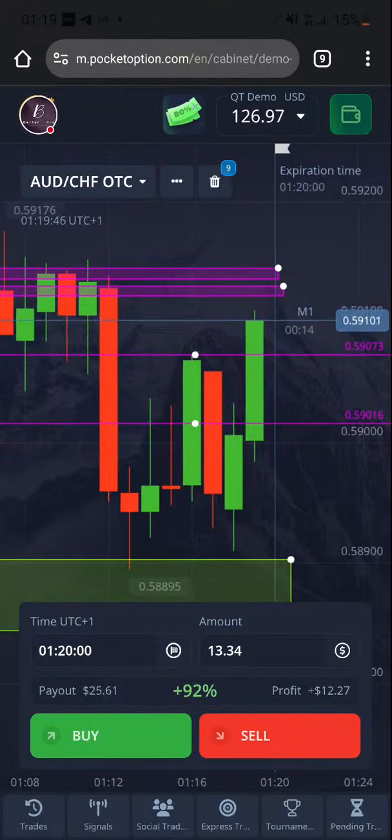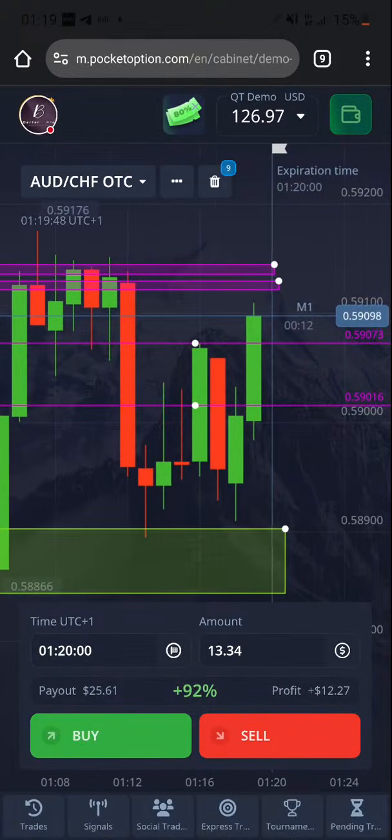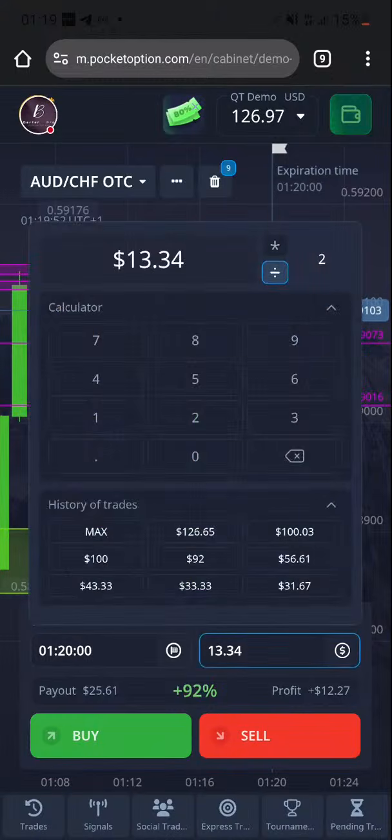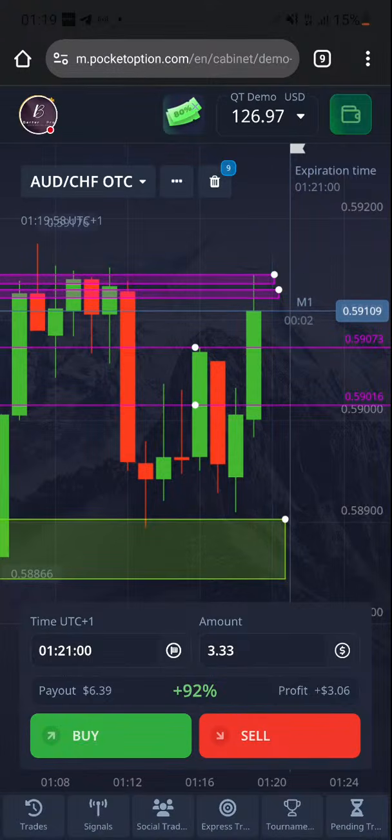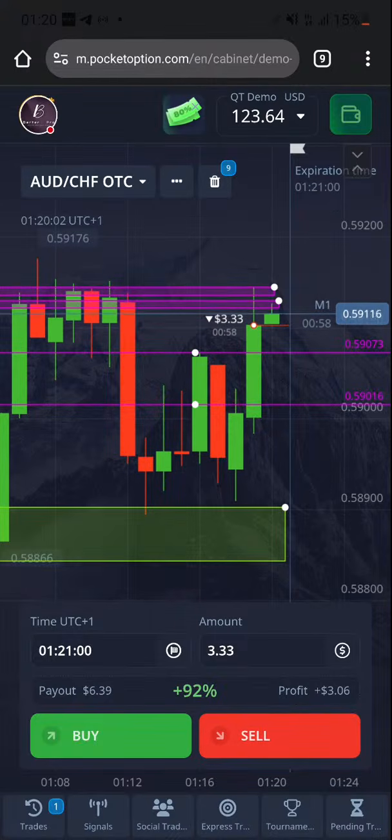Now I'll go with the sellers again here because we have touched another supply area. But this time around, I'm going to reduce the amount because it's not a sure shot, but I'm still going to take the trade anyways.